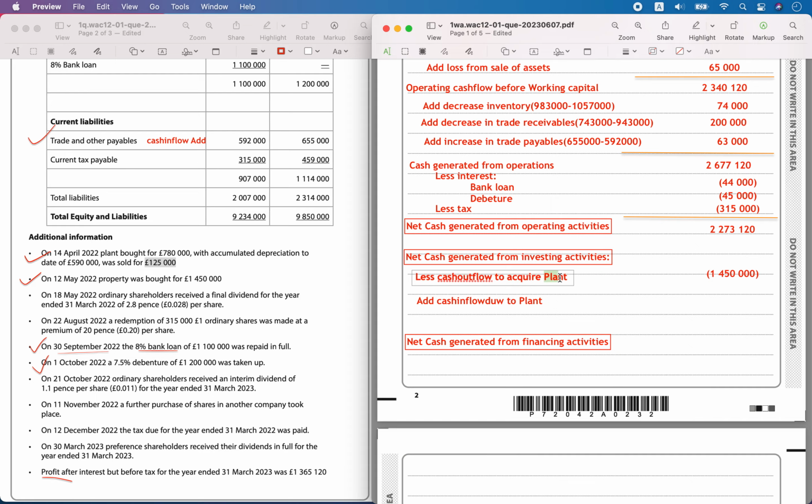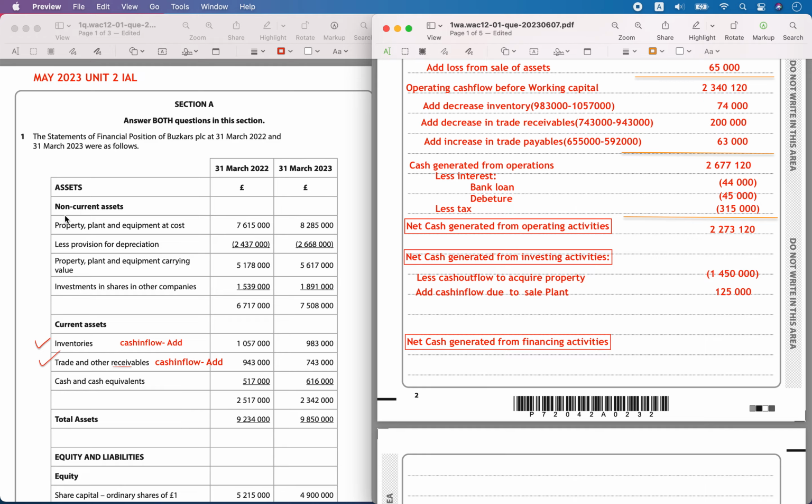This was a cash outflow to acquire property. Then this was a cash inflow due to the sale of plant, that plant intangible asset. So that is going to be equal to, I got 125,000. So 125,000 I will add.